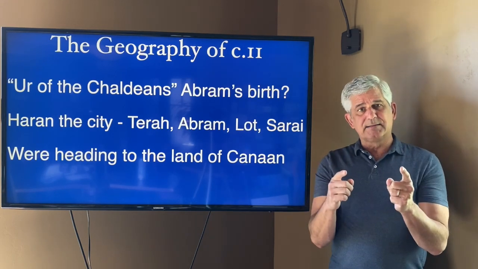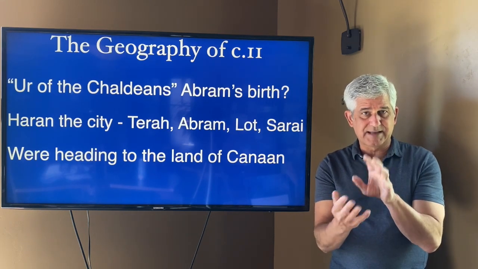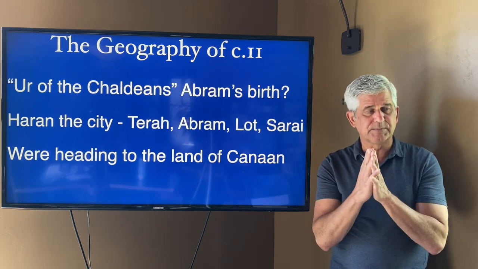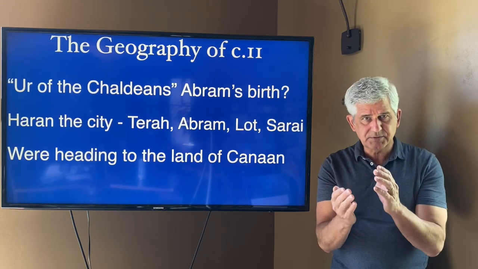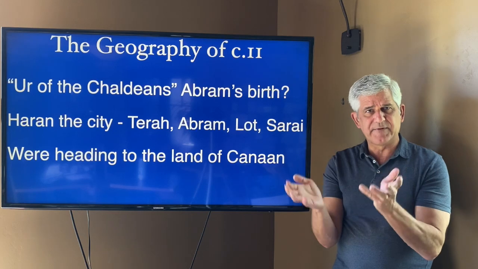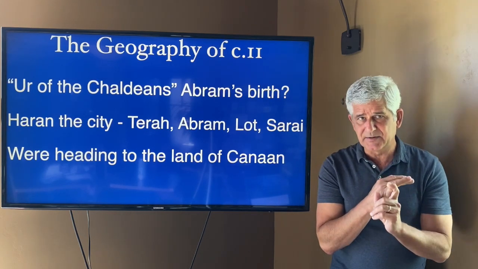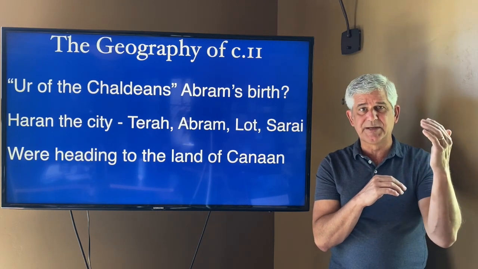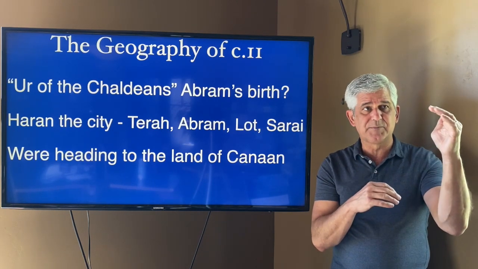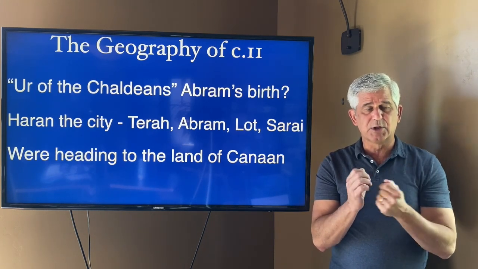But if you go back to Genesis chapter 11, the last 7 verses there, 26 through 32, there's a prehistory of Abram's family. It starts with his father, Terah. So there's the genealogy at the beginning of that chapter, right after the story of the Tower of Babel, and Terah comes along.